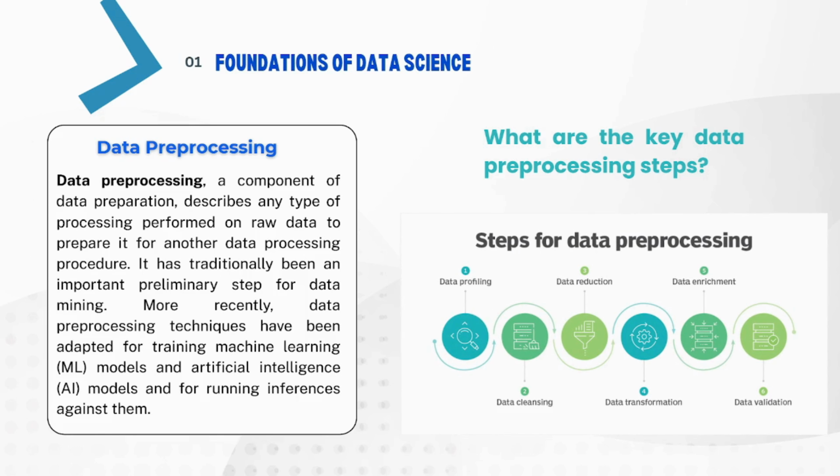Before we can apply any statistical or machine learning techniques, we need to make sure our data is clean and ready. So let's talk about data pre-processing. Data pre-processing in data science refers to a series of techniques applied to raw data to improve its quality and structure before applying statistical or machine learning algorithms.